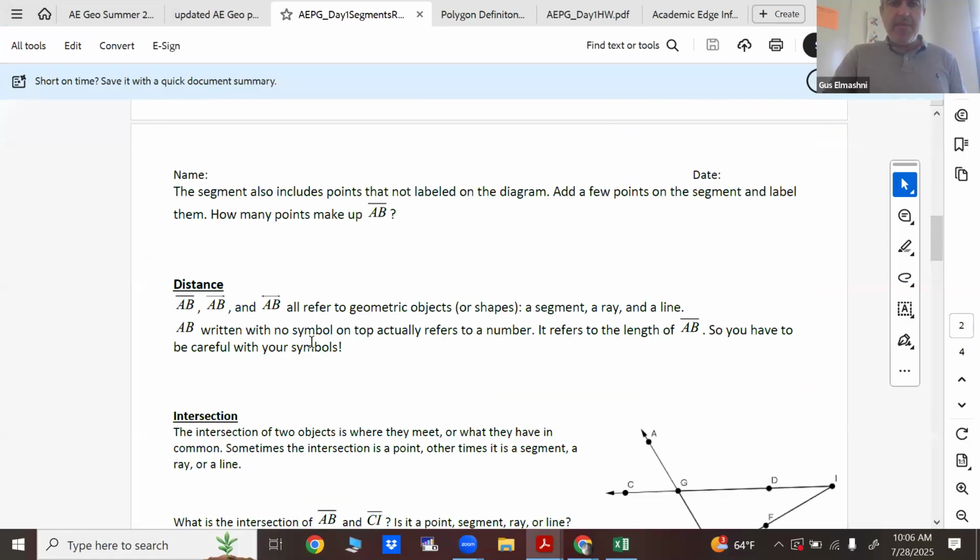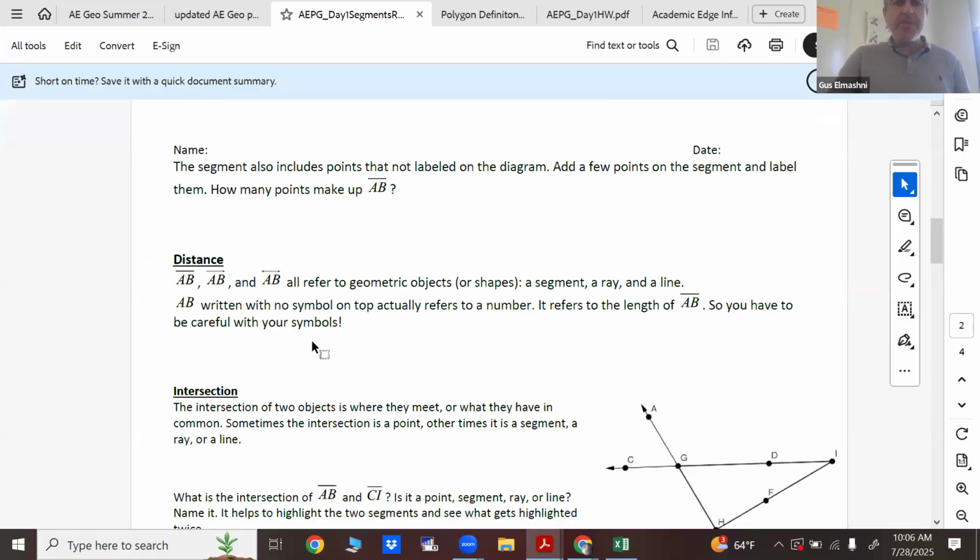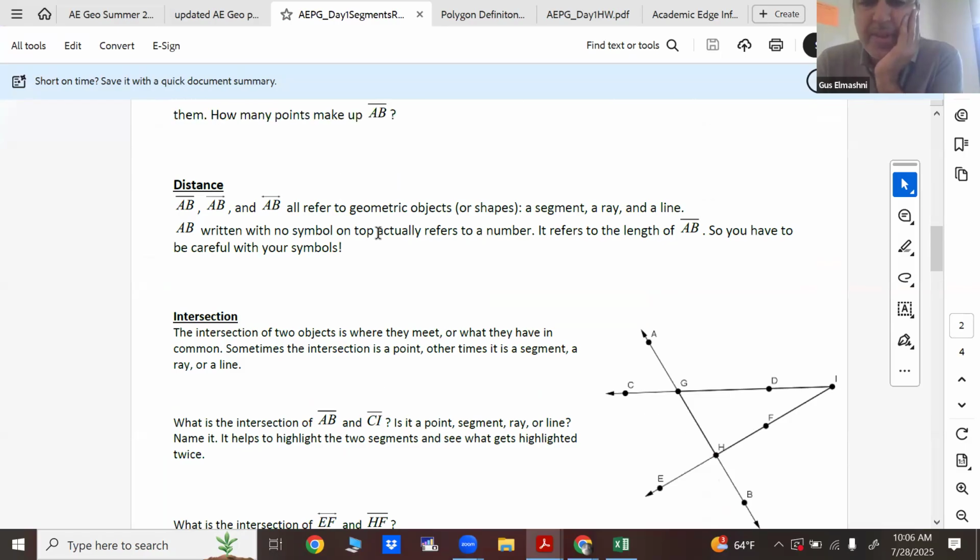Okay, distance. Actually, the segment also includes points that are not labeled in the diagram. Let's just move on and talk about distance. Make sure we're careful of the symbols, right?